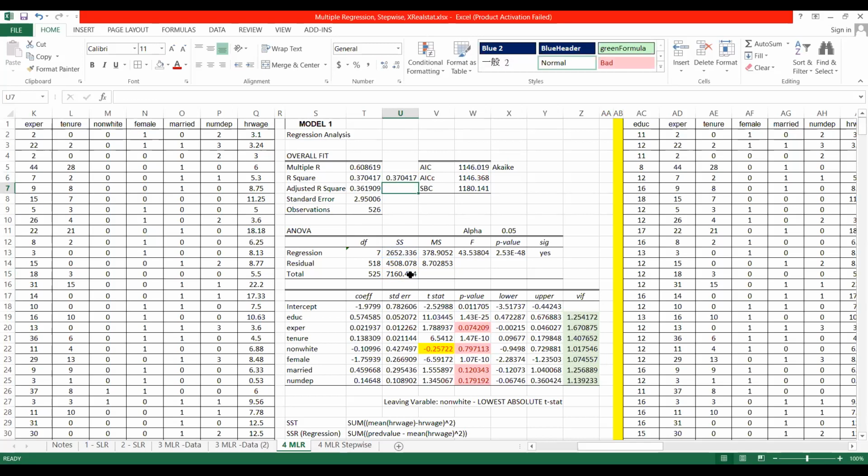So that's 37%. Okay? So I hope this is clear to you guys. It's important that we understand the sum of the squares of the total, sum of the squares of your regression, sum of the squares of your errors or residuals.